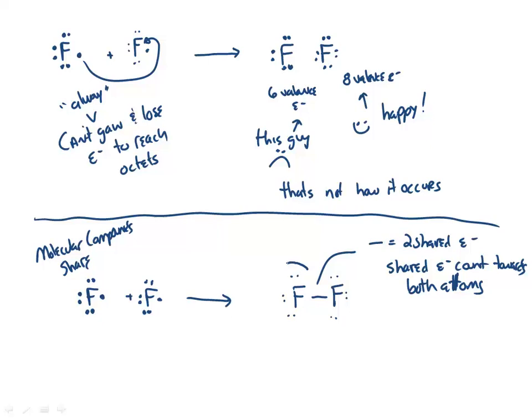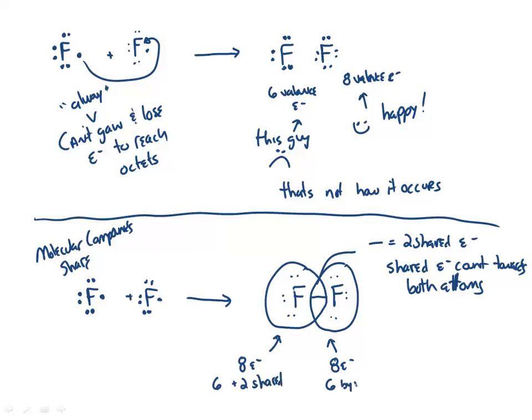And so if I'm thinking about the valence electrons around that fluorine, I count the 2 electrons. And if I'm counting the valence electrons towards that other fluorine, I count the 2 electrons. And so now this has 8 electrons and 8 electrons. And what it's really saying is that it's got 6 all by itself plus 2 shared. And this one has 6 by itself and 2 shared.